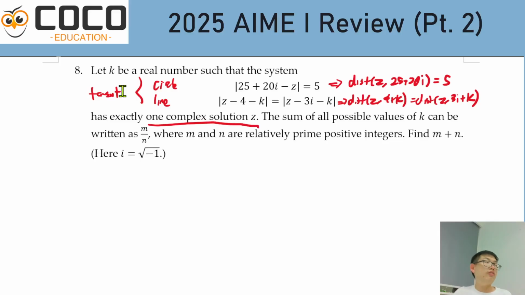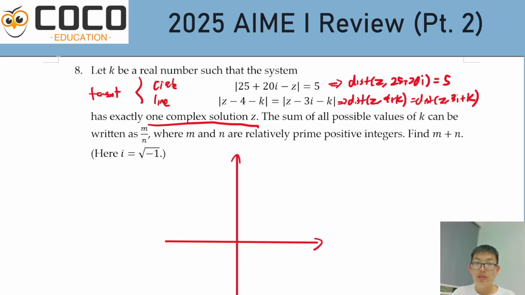That is the end of my applications of complex numbers. The rest of this, I will treat as coordinate geometry. So z minus 25 plus 20i, distance is 5, means that at 25, 20, you have a circle of radius 5.